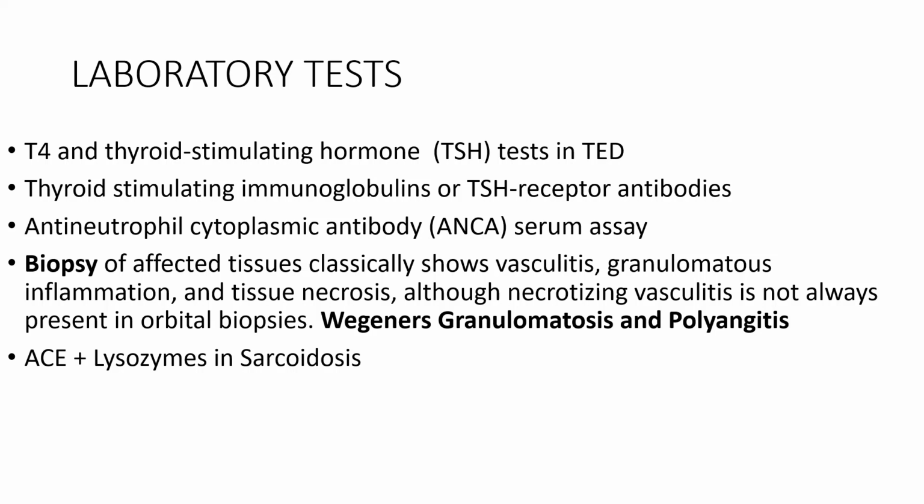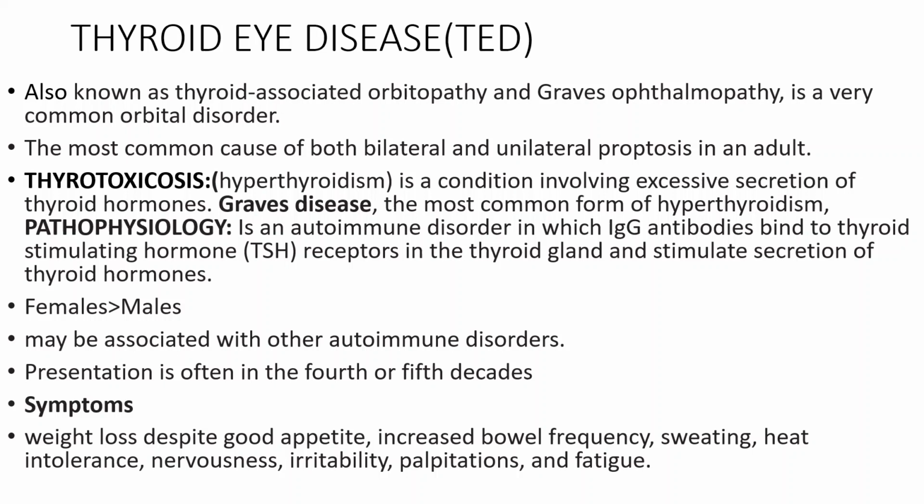Although necrotizing vasculitis is not always present in orbital biopsies, Wegener granulomatosis and polyangiitis may also be causing a proptosis. The ACE and lysozymes, in case of sarcoidosis, may also be required to be tested.